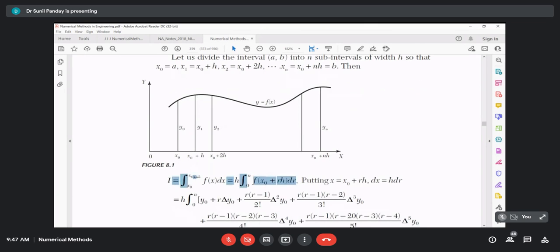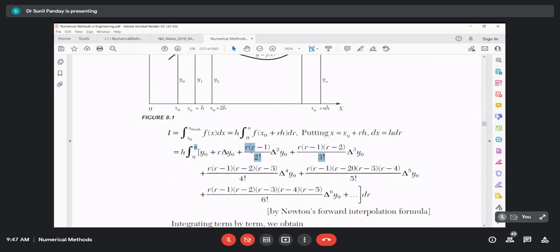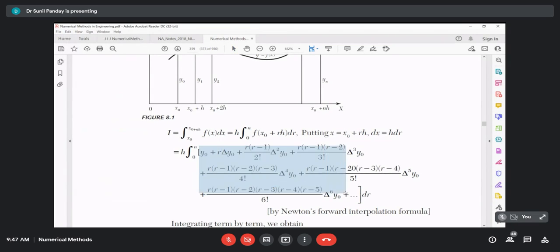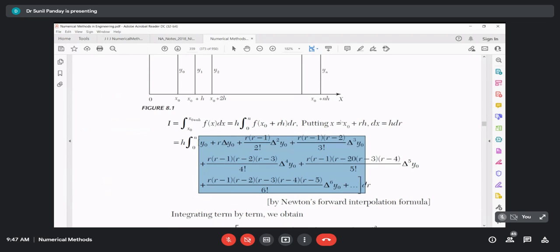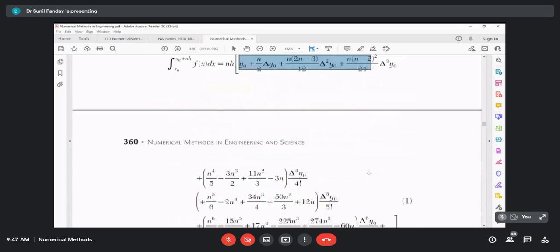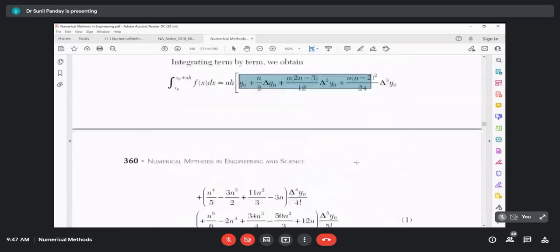So this is our polynomial. Here they have used the variable r instead of u. You can see it is actually our Newton forward interpolation formula, where r is actually (x minus x naught) upon h. After integration you will get this, and we have already simplified all of this, and finally we have our quadrature formula.